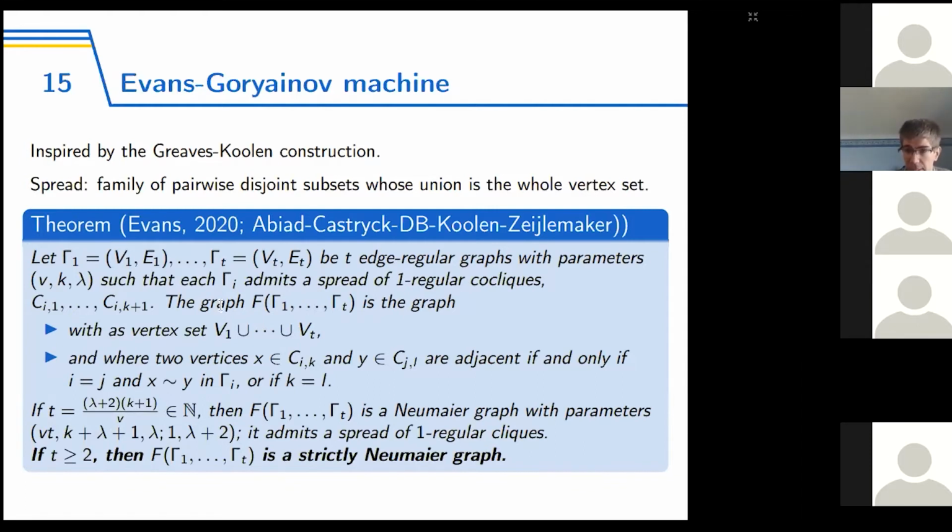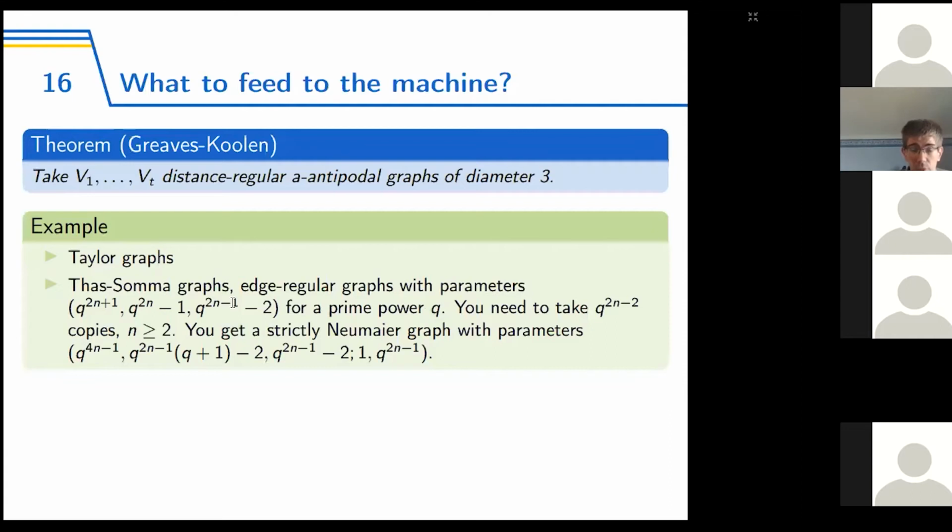So you might say at this point, well, you shifted the problem, and that's true. So now we're looking for these kinds of graphs, these graphs which are indeed edge regular and admit a spread of 1 regular co-cliques. And Greaves and Cole themselves in their first article said, well, you could take distance regular antipodal graphs of diameter 3.